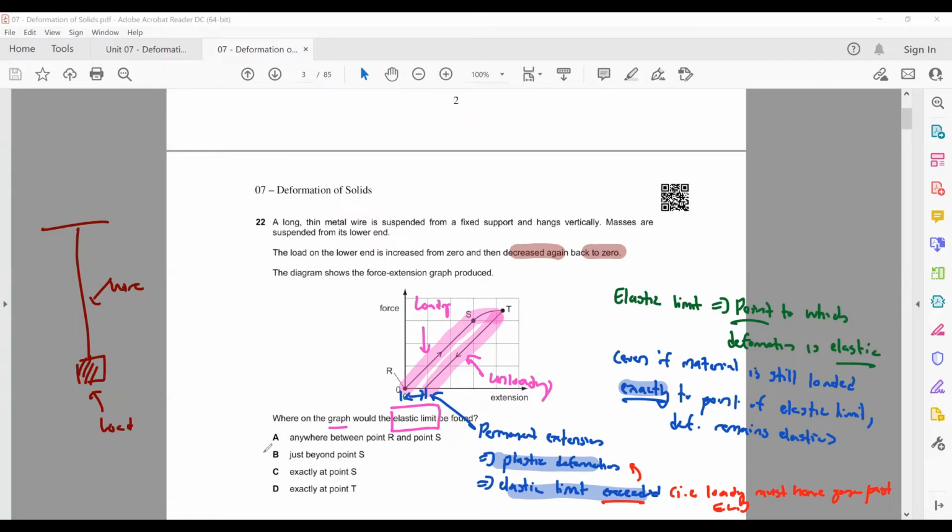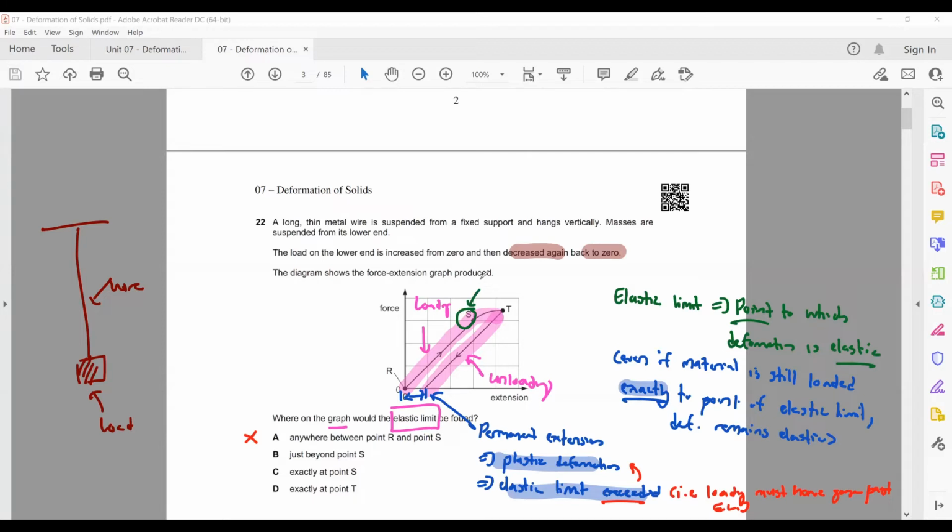When you look at the choice of answer, anywhere between R and S, this one is out. R and S here is definitely out. S here is the point where your line stops being a straight line.